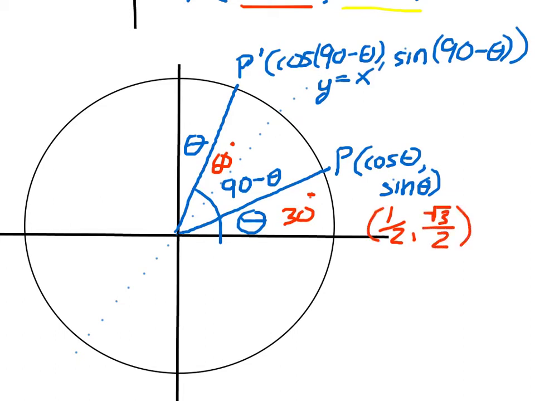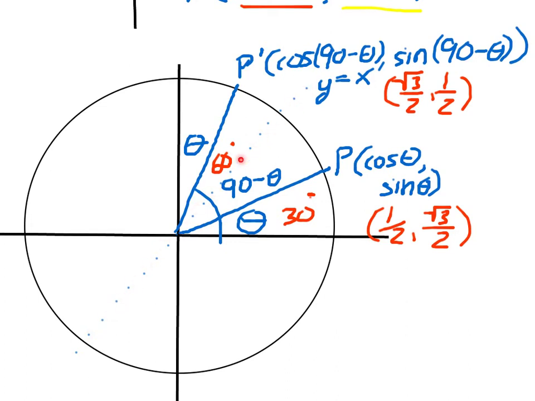And likewise, the cosine of 60 is going to be 1/2, and the sine of 60 is going to be the square root of 3 over 2. Notice that the coordinates of these 2 points are simply flip-flopped, and that's because they're reflections of each other across this line y equals x.